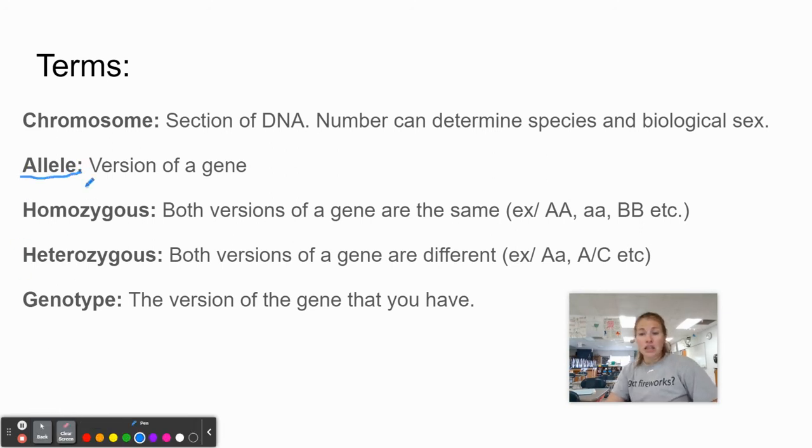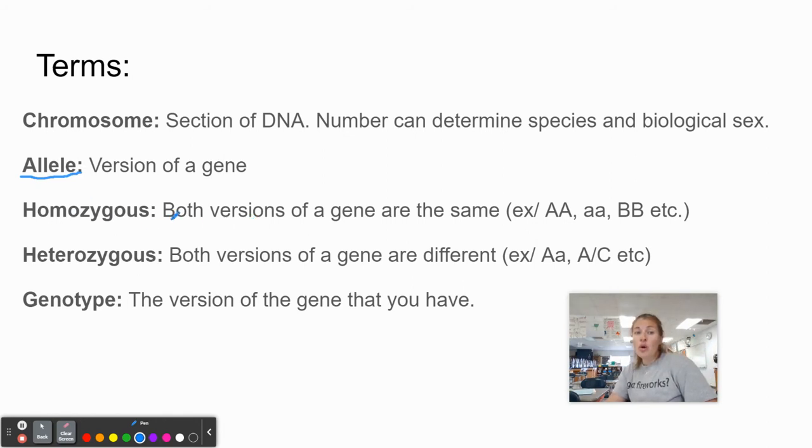This is an allele. So that's how you say it, not like Patrick and SpongeBob that goes allele, allele, allele. So this is an allele, and this is the version of the gene that you have. So for example, I have blue eyes. Blue eyes are recessive to any other color of eyes. So that means that I got 2 copies of the blue allele or version of the gene from each one of my parents.